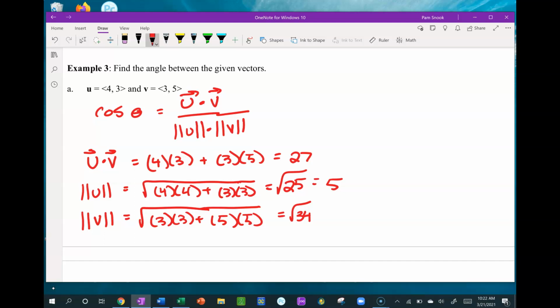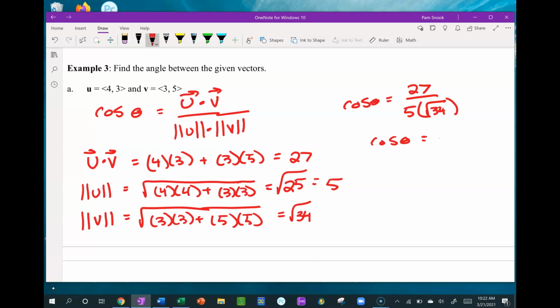All right, now let's plug everything in. So my cosine of theta is going to equal 27 over 5 times the square root of 34. Just punch that into your calculator: 27 divided by 5, and then divide that by the square root of 34.